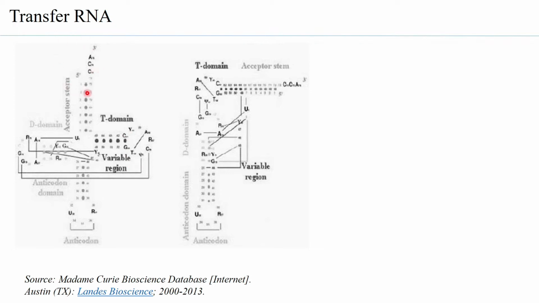For example, you can see that CCA here is highly conserved. You can see that the psi and these two G's are highly conserved. And because they are highly conserved, these two conserved G's can link with C and psi.